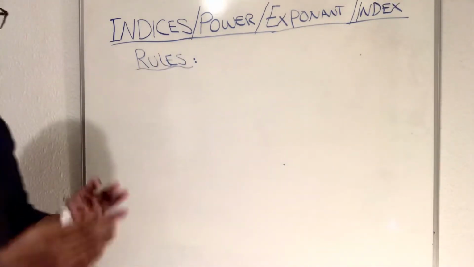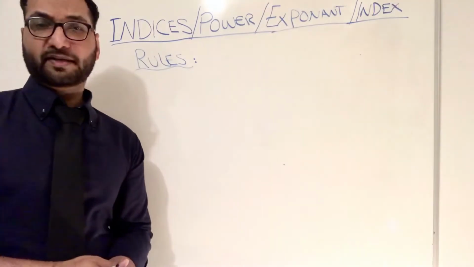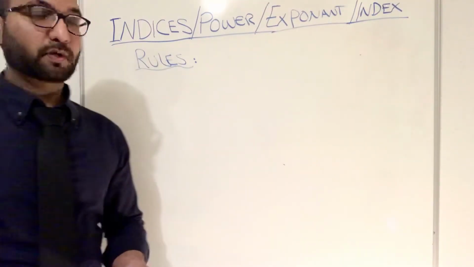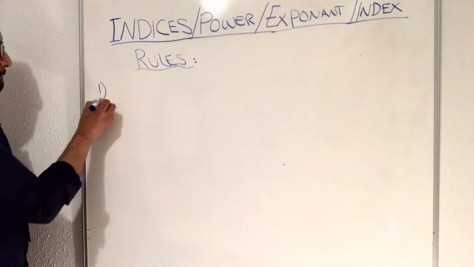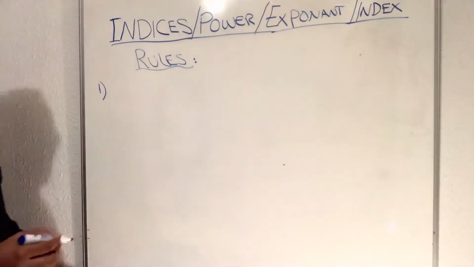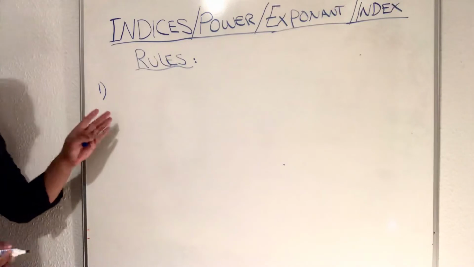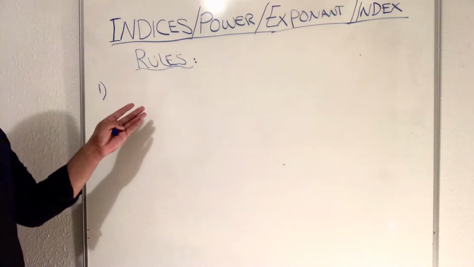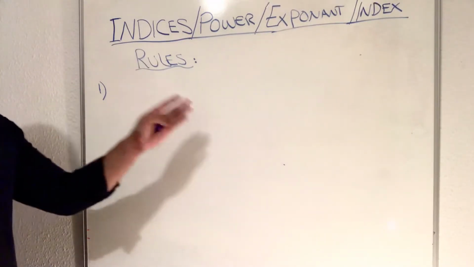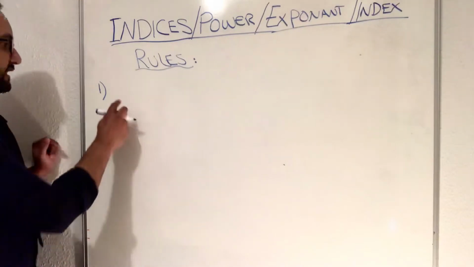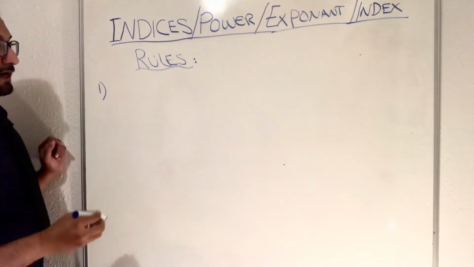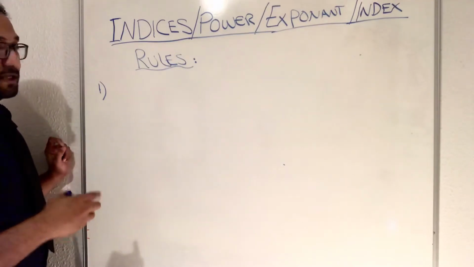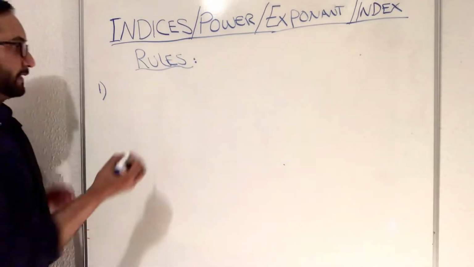Rule means you definitely have to do that, otherwise your answer will be wrong. So what is the first rule? I will write down the values first, and then I give you an example. This is the addition rule of indices, only when they are multiplying.